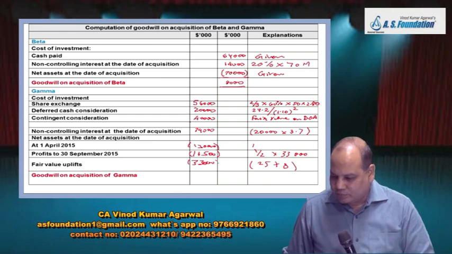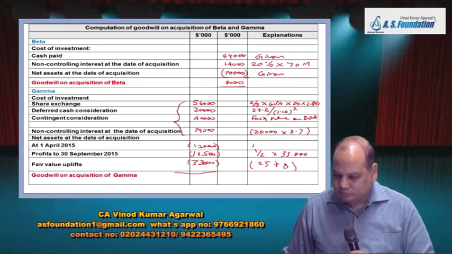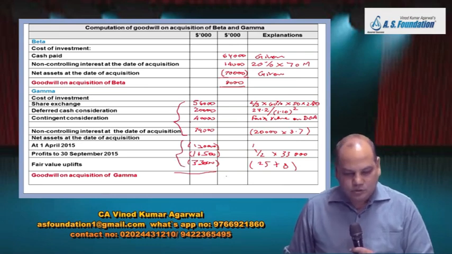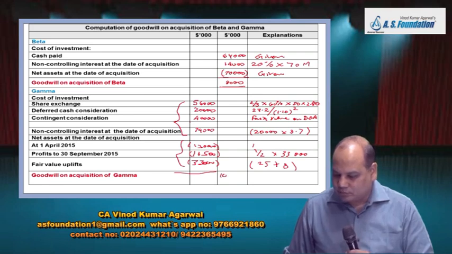Now tell me, what is the goodwill on acquisition of gamma? Add this first 4 item minus these 3 items. You will get goodwill. How much is that? 10,500.